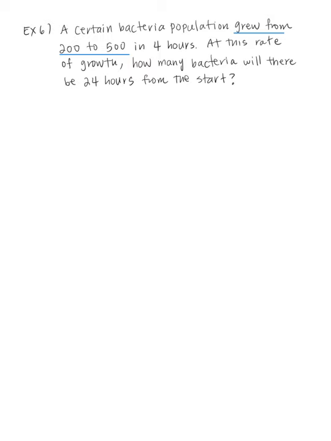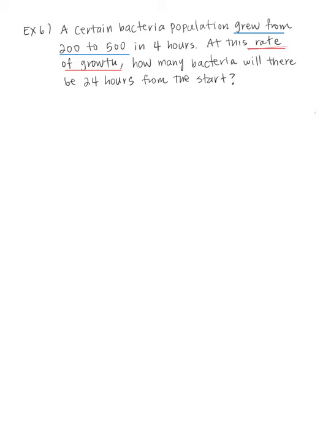Now let's just jot down what the question's asking. At this rate of growth, how many bacteria will there be in 24 hours from the start? At this rate, right? So it looks like we're looking for a rate of growth. I'm just going to underline that. Keep that in mind. And let's list out what stands for A sub 0, k, and t.